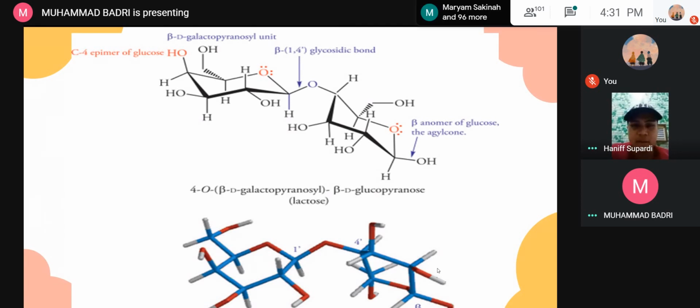The first carbon of galactose and the fourth carbon of glucose are joined, so there is a beta 1,4 glycosidic bond.